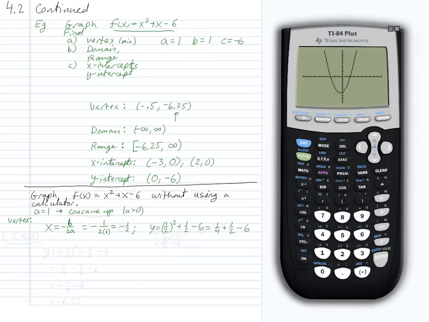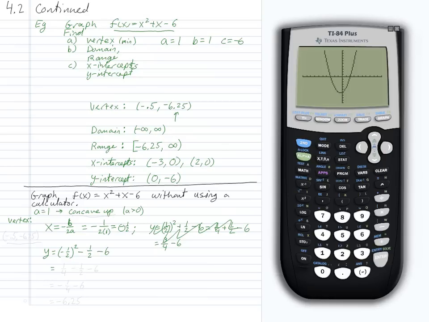That would be 3/4 minus 6. Oh, and I've missed the negative sign. So this should actually be negative 1/2 throughout. Let's try that one more time. So negative 1/2 squared plus negative 1/2, so minus 1/2 minus 6. That looks a little bit better.